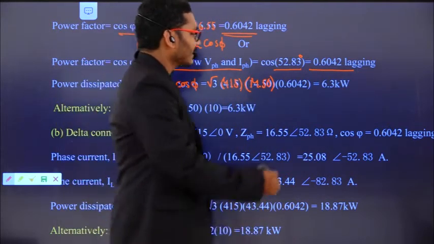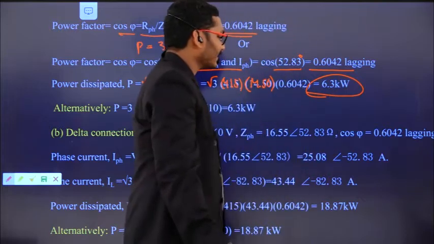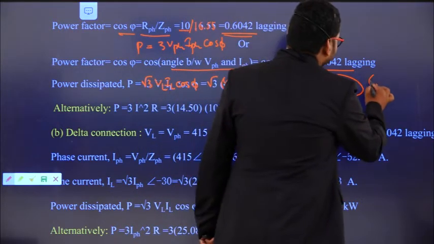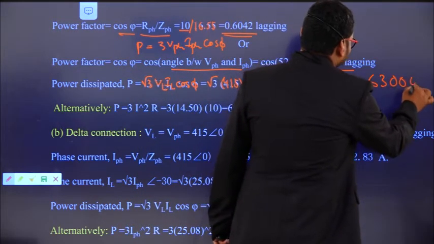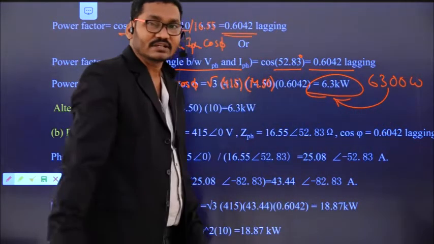Now the power dissipated in the star connected load is 6.3 kilowatts. After finding this you will get 6,300 watts, and in terms of kilowatts, you will get 6.3 kilowatts.